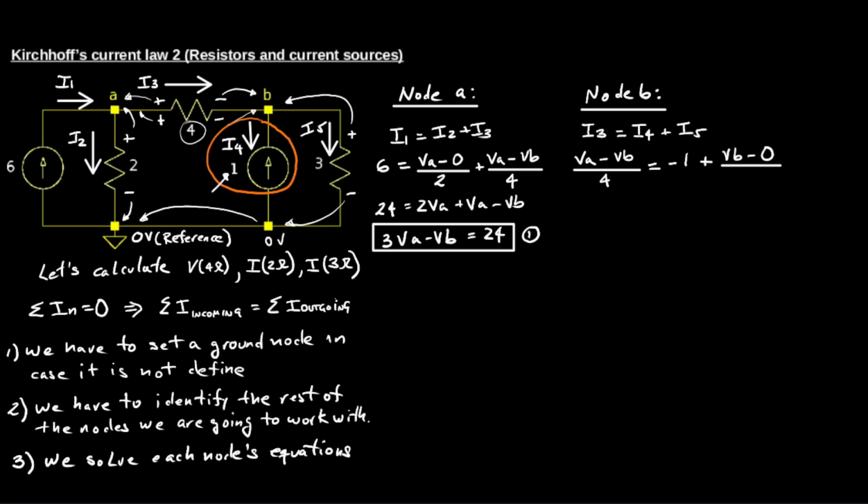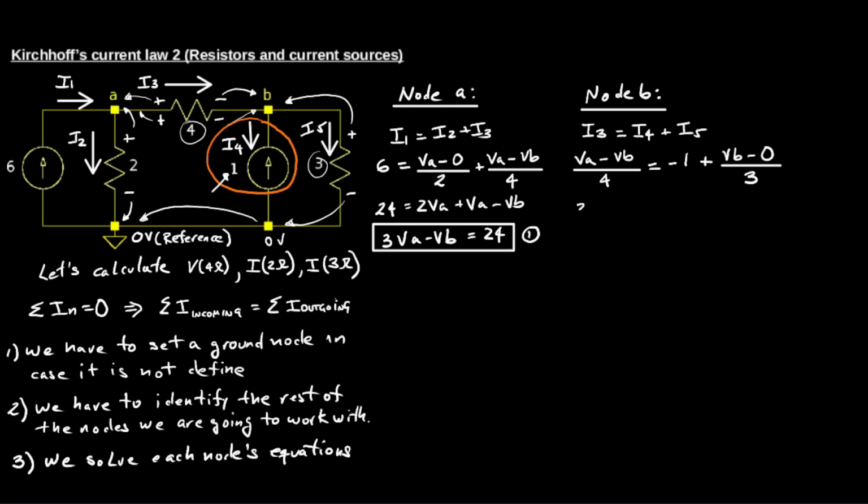The reason of the minus sign of this value, plus I5. Okay, in this case, according to the way I drew I5, this current produces a voltage drop with the polarity shown on the circuit.